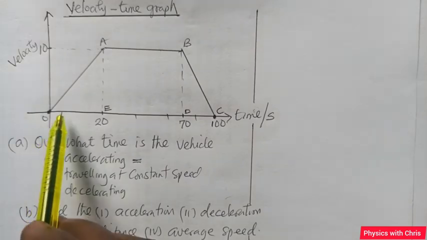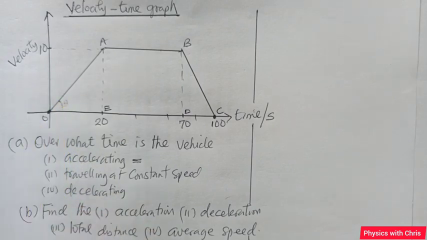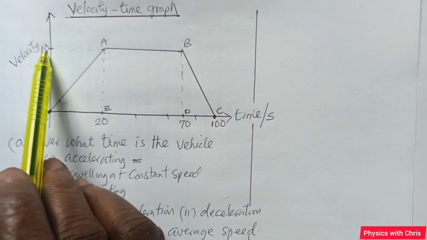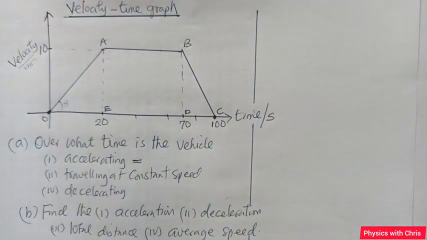If the graph has a positive slope, positive inclination, angle theta is the angle of inclination. So the body starts from rest and then accelerates uniformly, reaching a top speed of 10 meters per second after a time of 20 seconds.